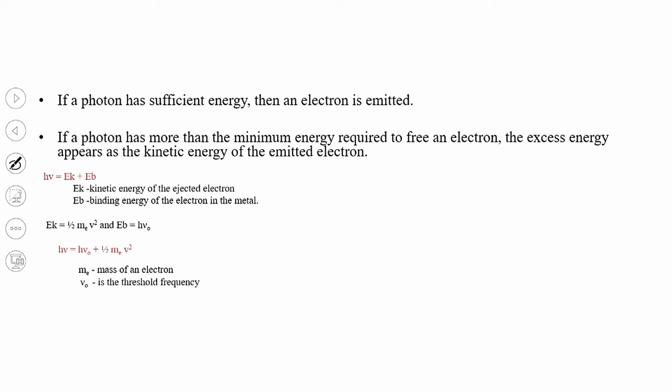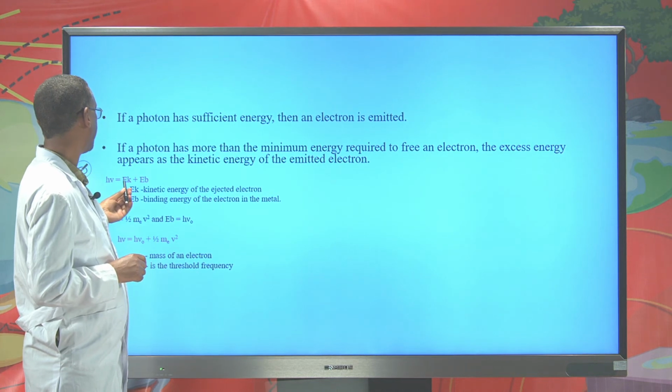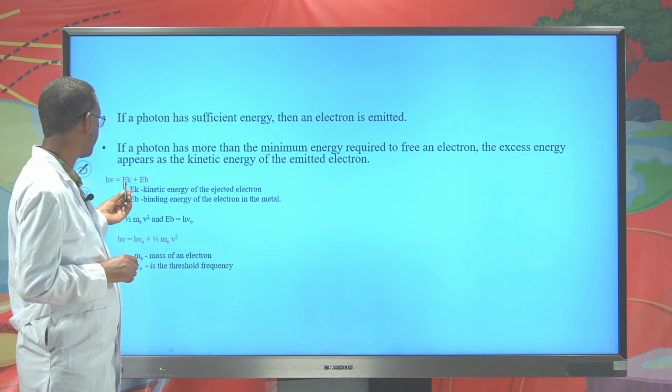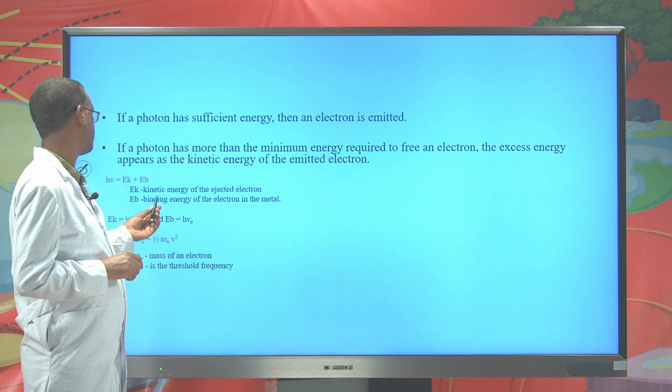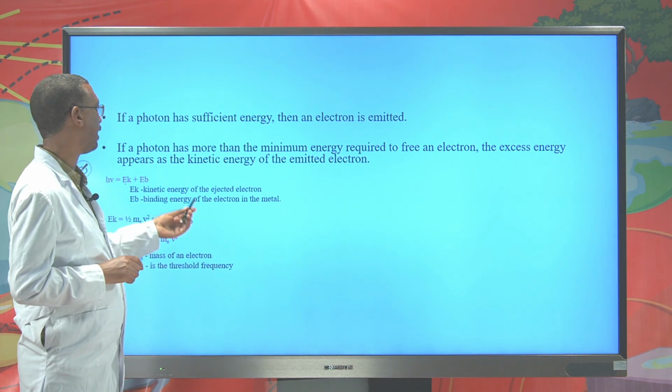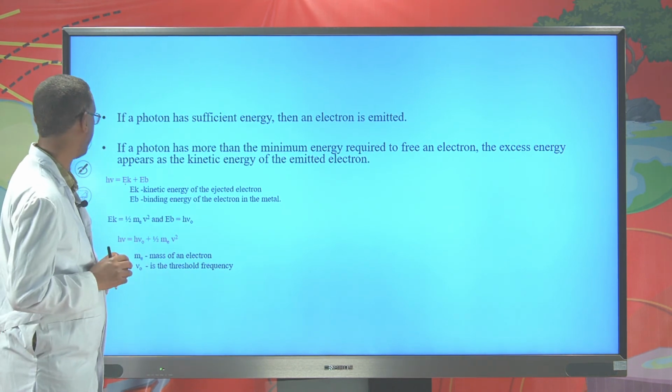So using this idea, we can develop a formula. That is, we have h nu. h nu means the photon energy is equal to the kinetic energy of the ejected electron plus the binding energy of the electron in the metal.